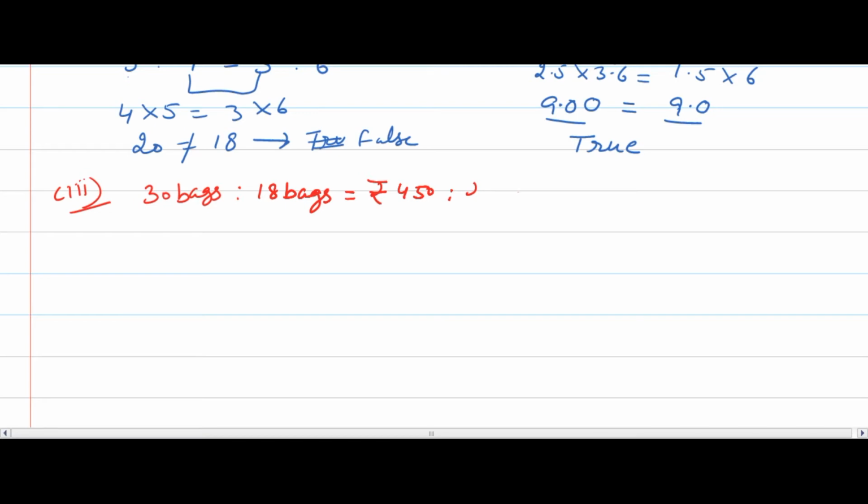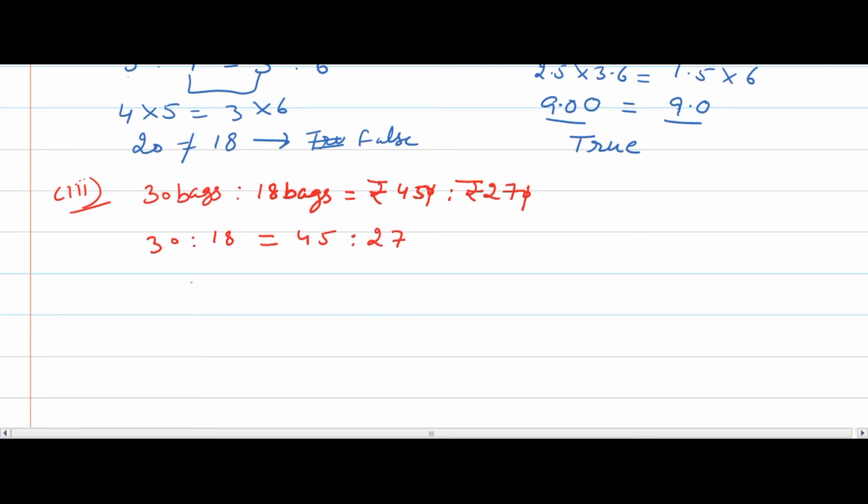Here also, students, you can make it simple by cutting the zeros here, so this will become 30 ratio 18 equal to 45 ratio 27.